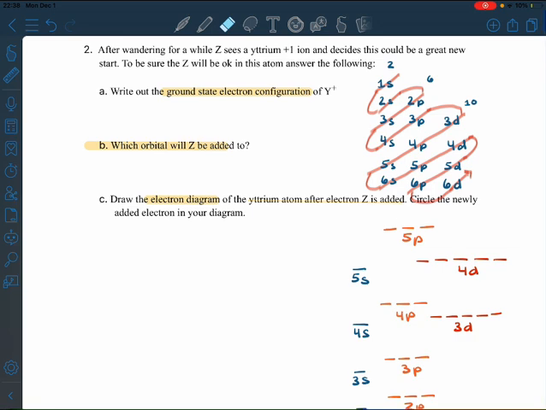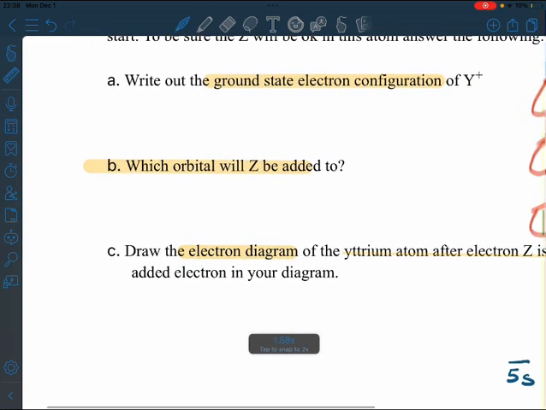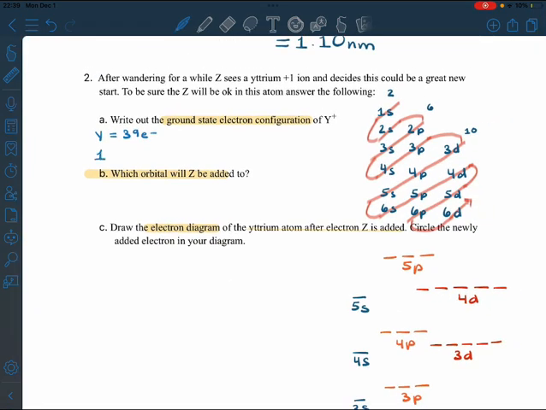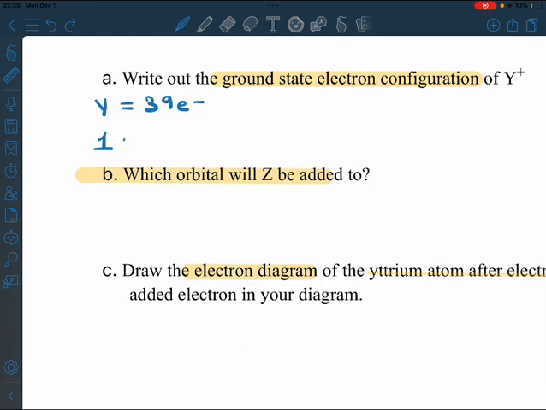So when we're making our ground state electron configuration, we would go ahead and follow this order. So if I had yttrium and it was neutral, it would have 39 electrons, right? So I'm going to go ahead and draw my ground state electron configuration according to the Aufbau principle.